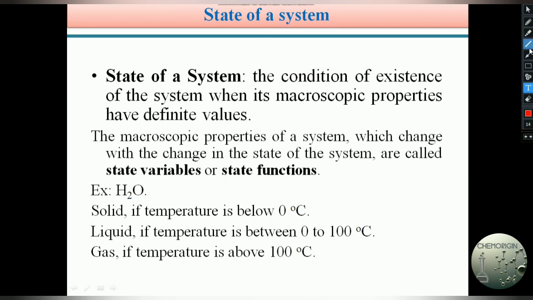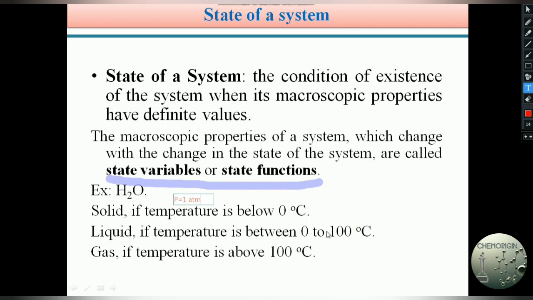State variables or state functions mean that with the change in state of the system, these macroscopic properties change. For explaining this, at 1 atmospheric pressure the water state is changed. One time it is in solid state, one time liquid, one time gaseous, depending upon the temperature.